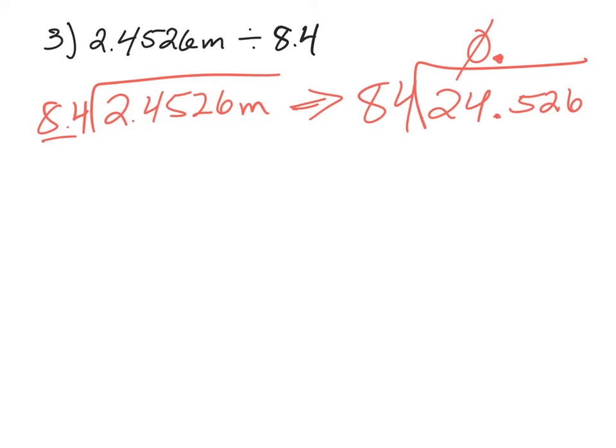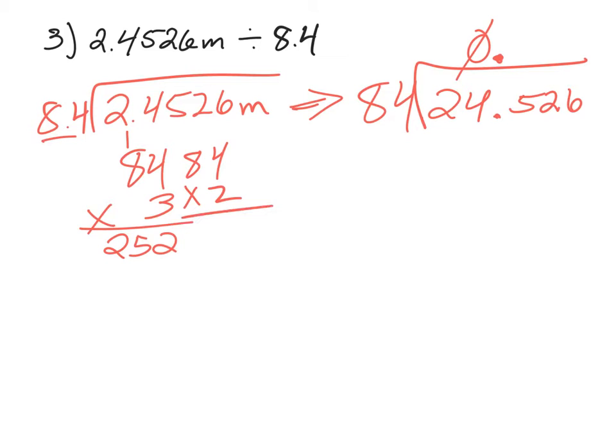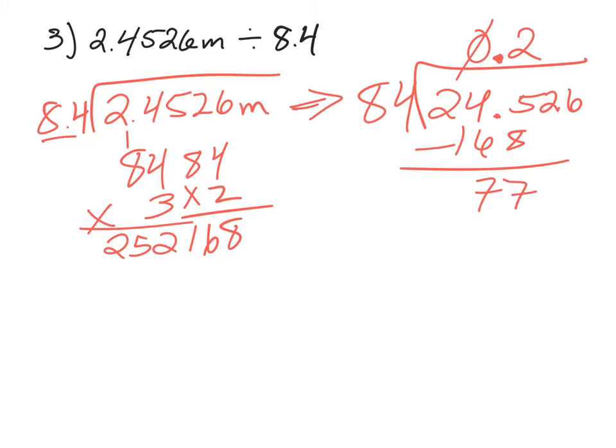How many times does 84 go into 245? Does it go into it 3 times? Because 8 times 3 is 24. No, you have 252 there. So 84 times 2 is 168. 245 minus 168 is 77.